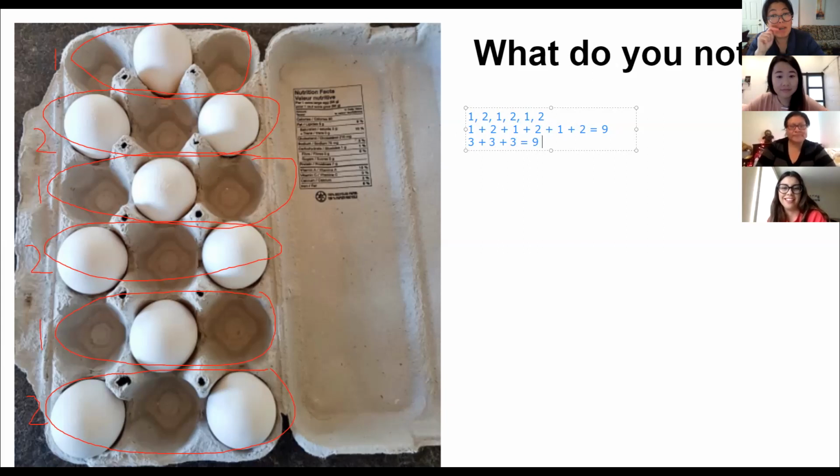And for my second graders, or for whoever knows how to, this reminds me of a multiplication problem because I noticed there are 3 groups of 3. So how would we write that as an equation for multiplication? Go ahead, Ms. Rosales. 3 times 3 equals 9. Yes, 3 times 3 makes 9, which is 3 groups of 3.